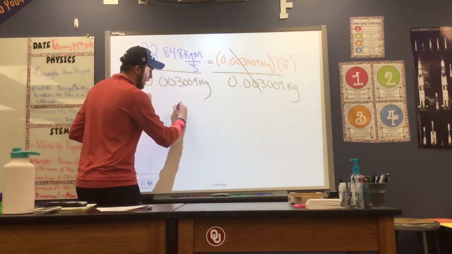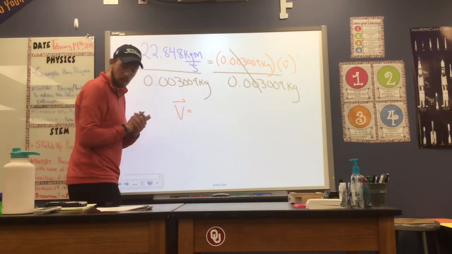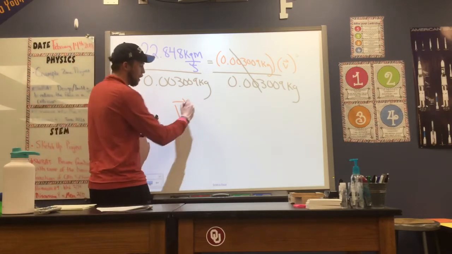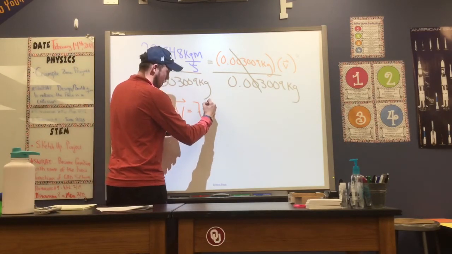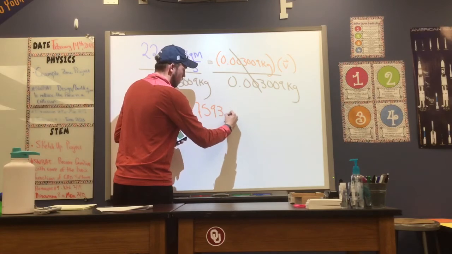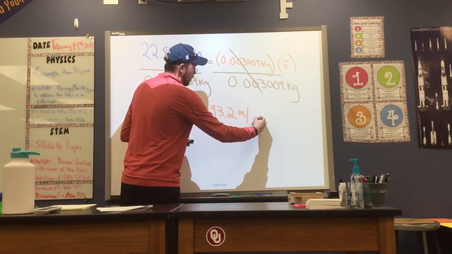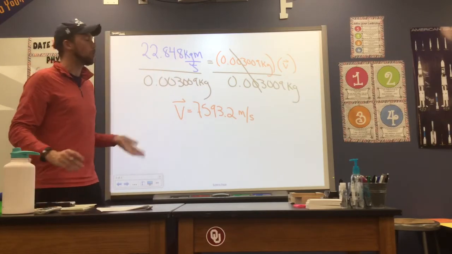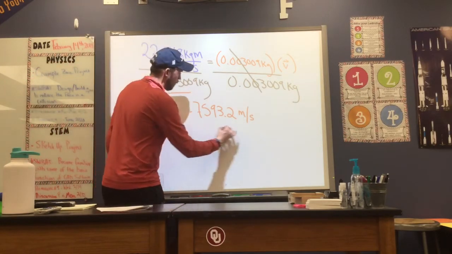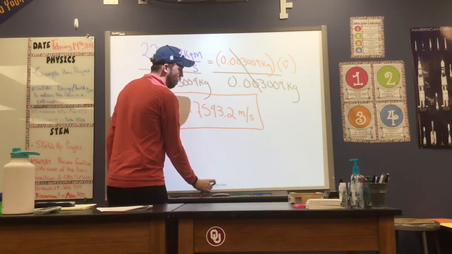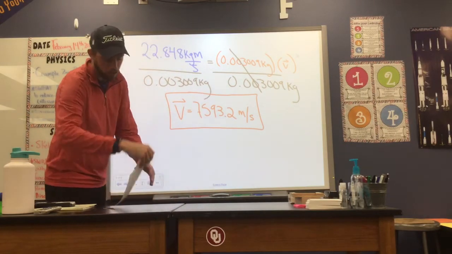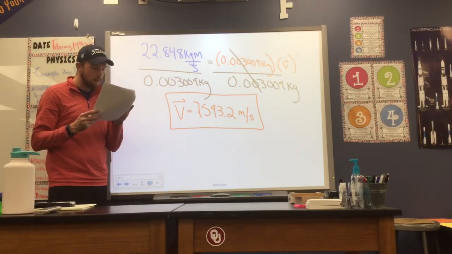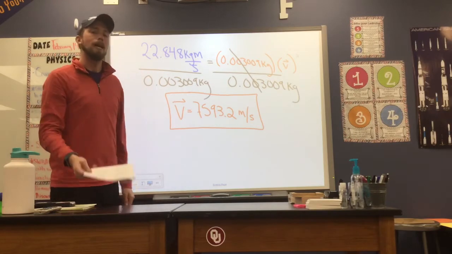When I do, I get a velocity of 7,593.2 meters per second. Kilogram meters per second divided by kilograms leaves us with meters per second, which is velocity. That does seem like a very, very high velocity, so I'll check my answer key. 7593.2. That's what we got.